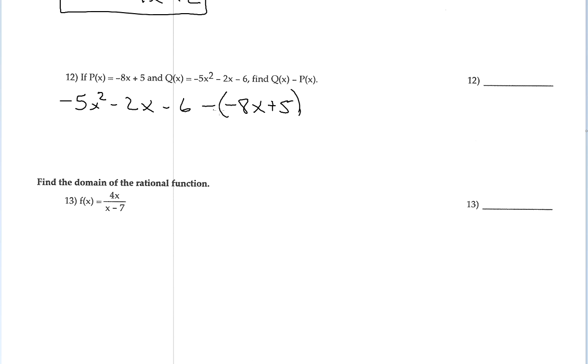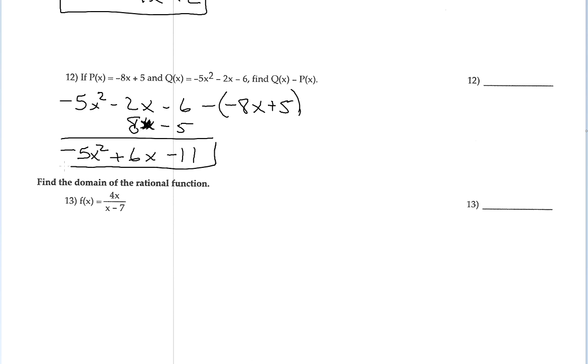So when I subtract, I'm going to subtract this binomial and I end up with positive 8x, and I'll put it underneath its like column. Positive 8x, that's an 8 by the way. And this is -1 times 5, which is -5. Okay, so then I simply combine -5x squared plus 6x minus 11.